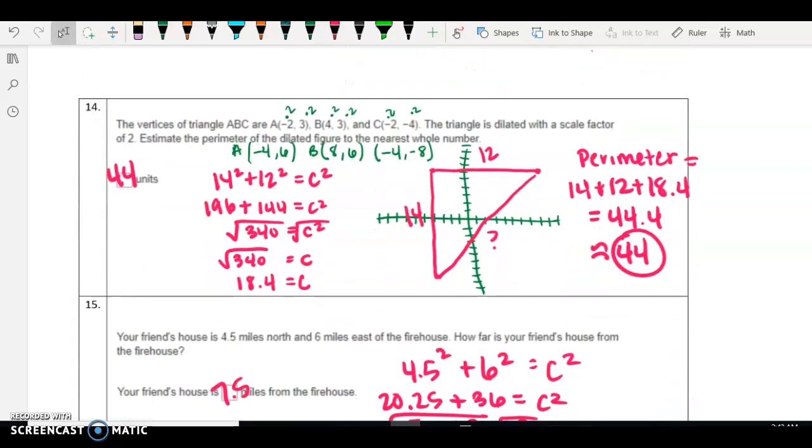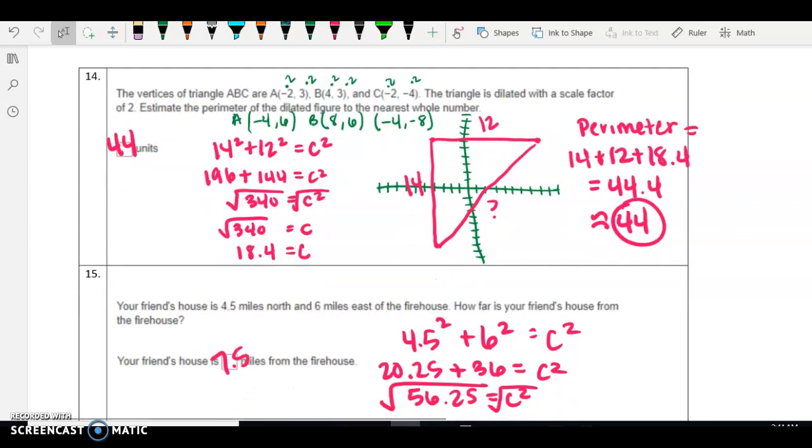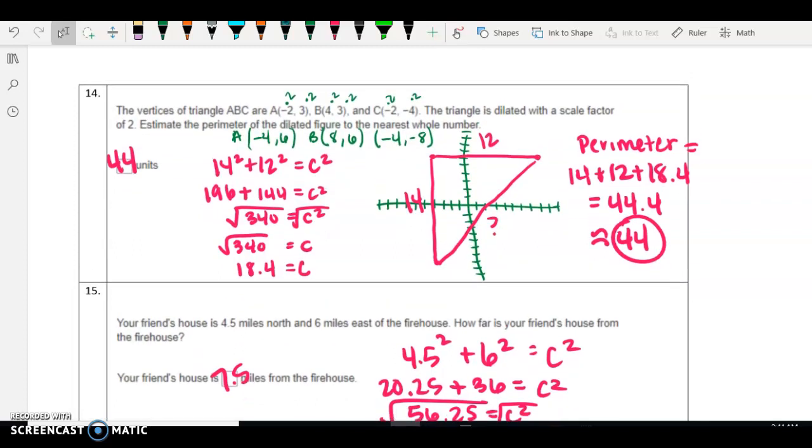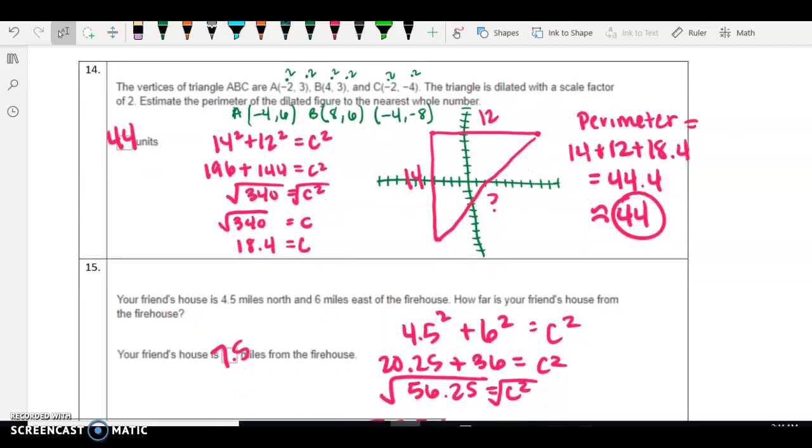Number 14. So I plotted my points. However, the points that I plotted were the ones I wrote in green because it says that it dilates by a scale factor of 2, which means we multiply each number by 2. And so we have a side length of 14 and a side length of 12. We plug that into the Pythagorean theorem, and we find out that our C is 18.4, and we're going to plug that in to find our perimeter.